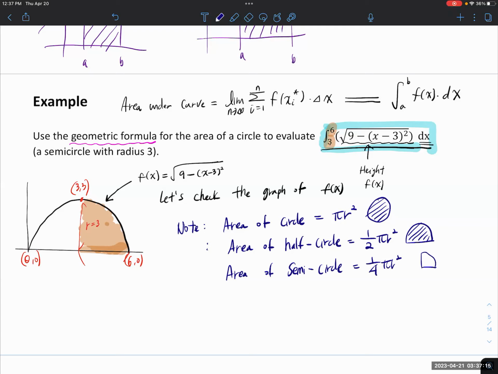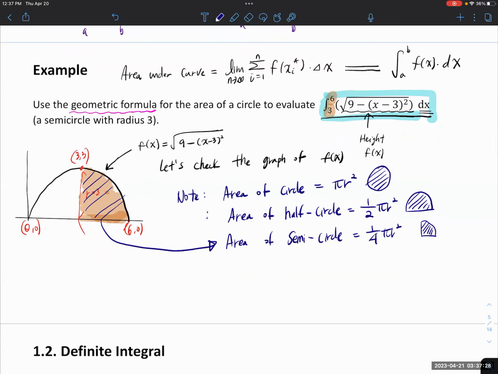So this is going to be the half of the half. This shape is exactly asking you to find the quarter circle area. So therefore, by looking at the geometric shape, we can simply think of the circle formula, and therefore the integral from 3 to 6 of the square root of 9 minus (x minus 3) squared dx means we are looking for the area from 3 to 6 with the semicircle.